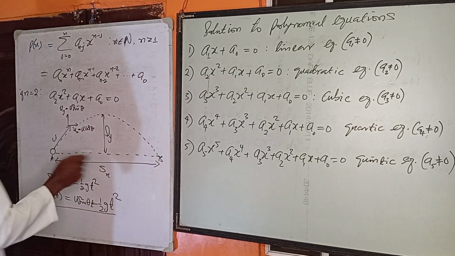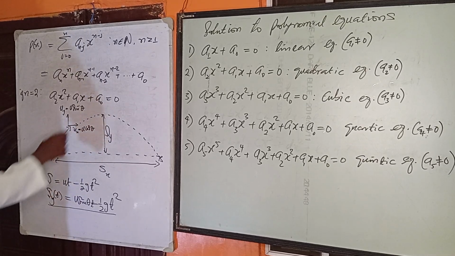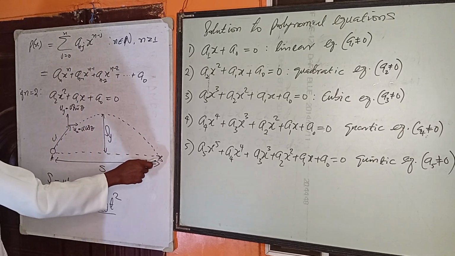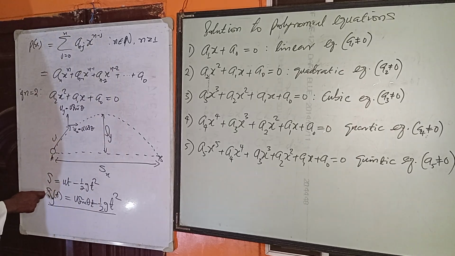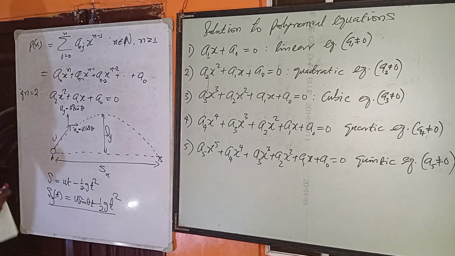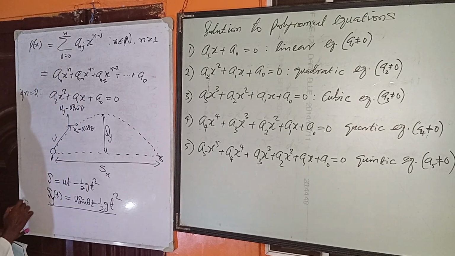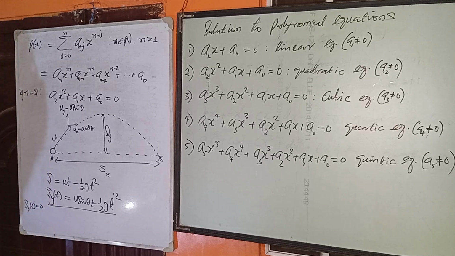So one may ask, how long does it take this particle to land at this point B, or at what time will the vertical distance covered by this particle become 0? So for such a case, it implies that y of t is equal to 0.